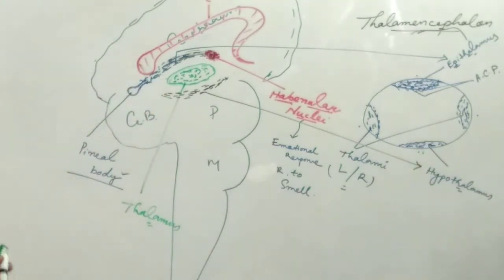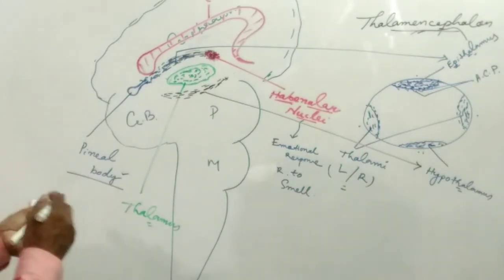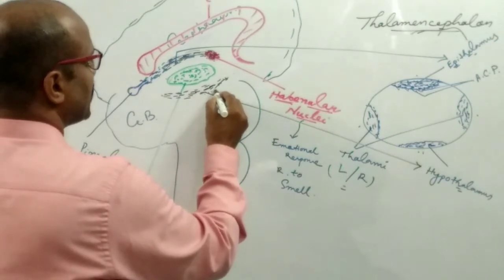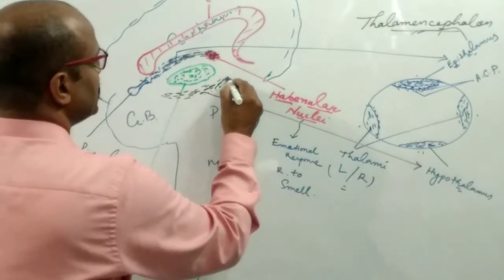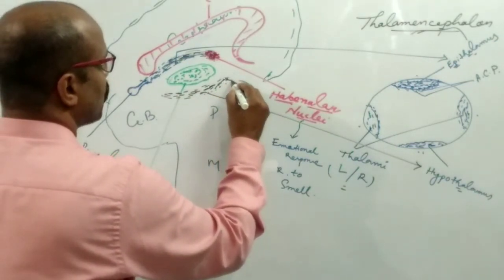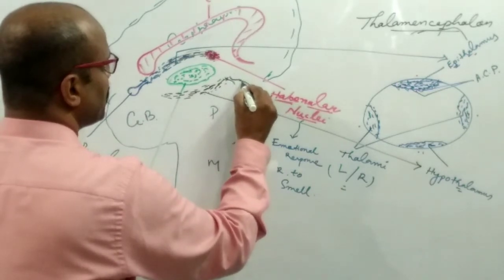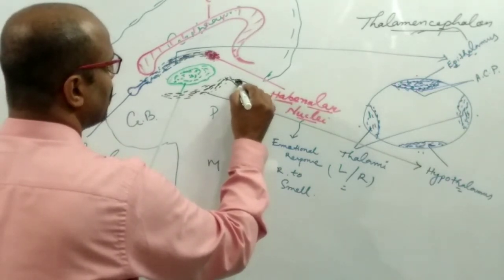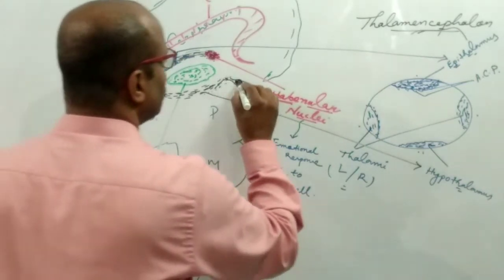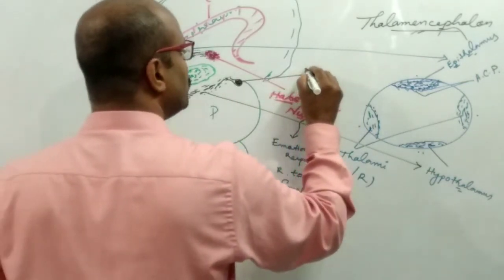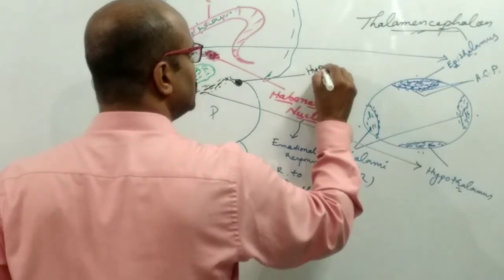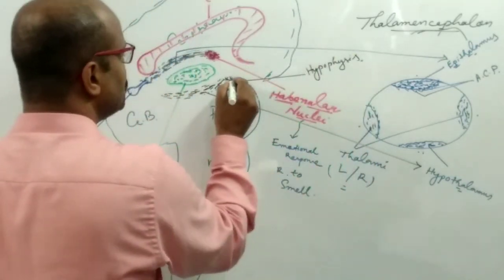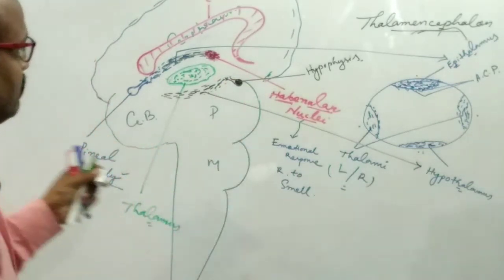The hypothalamus, at the anterior region, also has a stalk which contains another oval body, known as the hypophysis, and the stalk is known as the infundibulum.